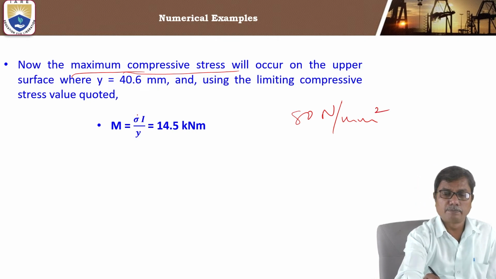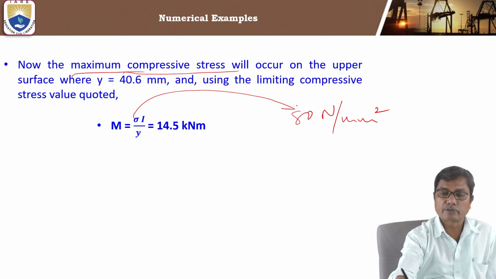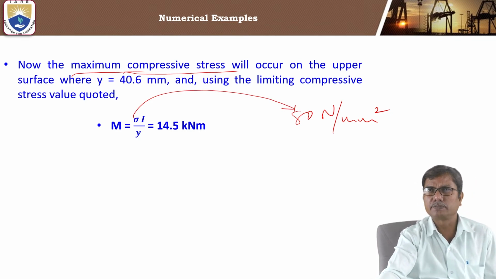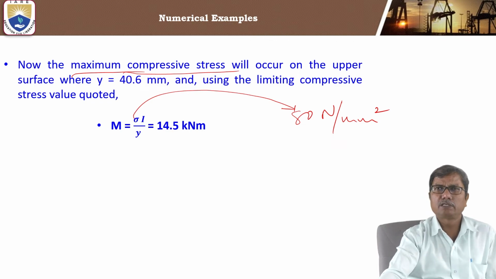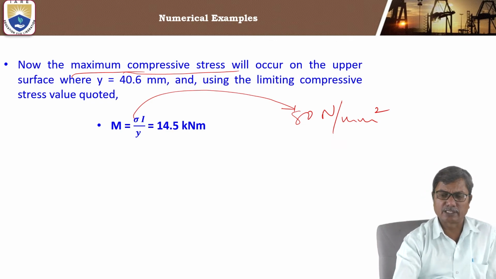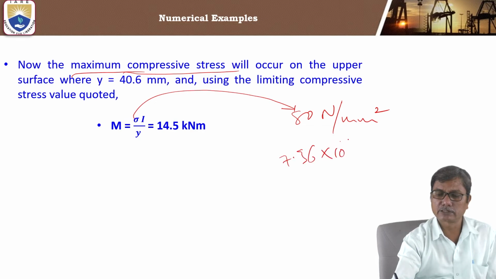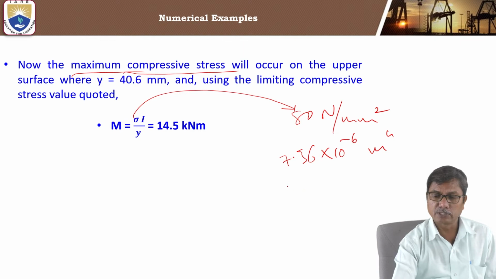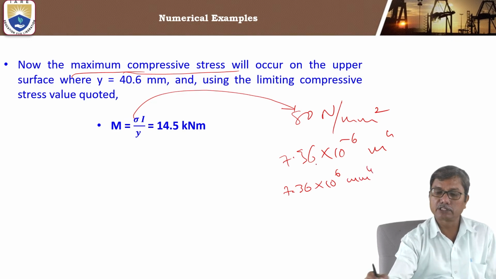So sigma maximum in compression is 80 Newton per mm square. And the moment of inertia value, just now we have calculated, is 7.36 into 10 power minus 6 meter power 4. You can convert this into millimeter power 4 only. That is 7.36 into 10 power 6 millimeter power 4, multiplying with 10 power 12.